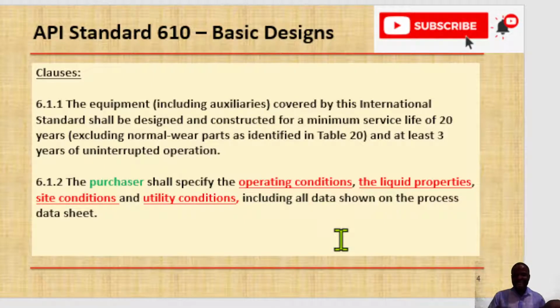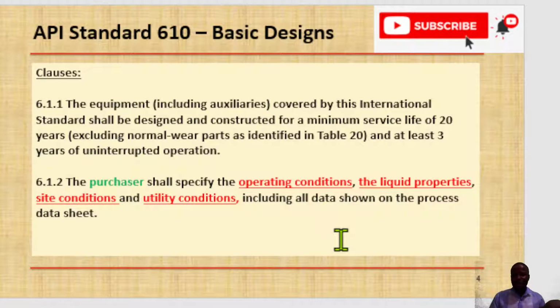So this is as expected in API 610. So as a purchaser, you specify the operating conditions, the liquid property, the site conditions and the various utility conditions on the data sheet.